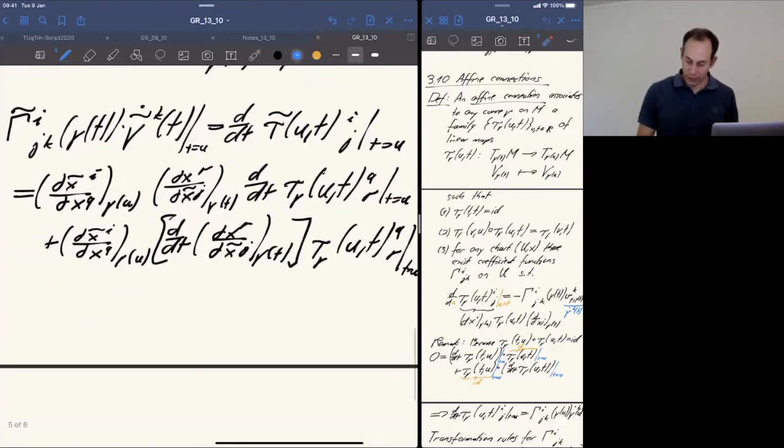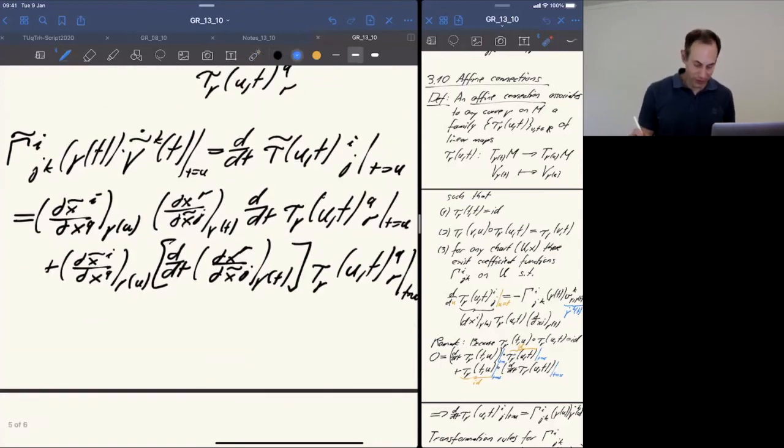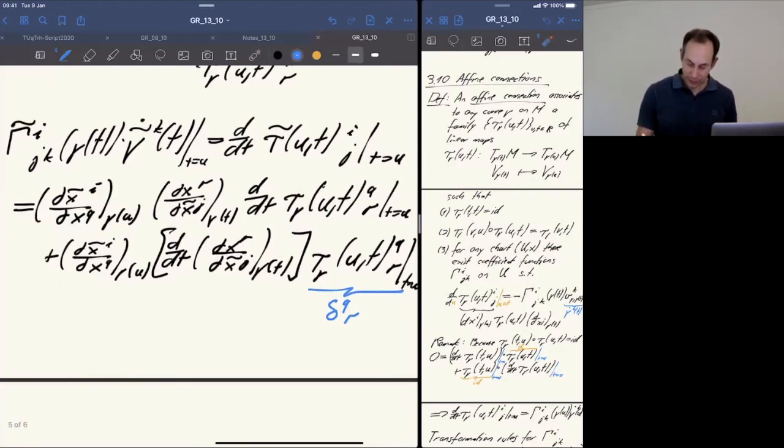Now a few observations about this whole thing. This expression here, for t equal u, is just an identity, and an identity in components just means delta q r. So that is the first property we have of the tau maps. Then this thing here, what does it mean? You have a curve along which you evaluate this.